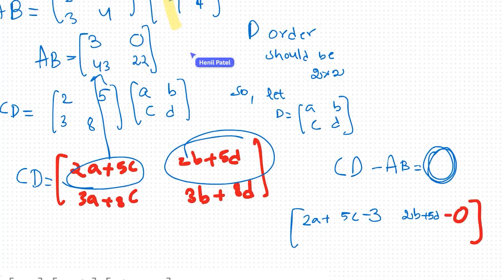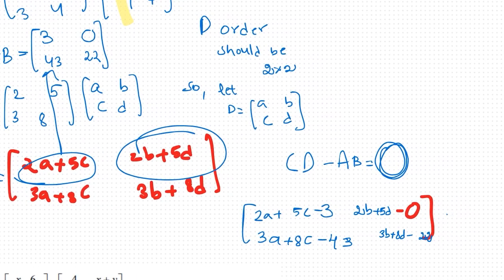So 3a plus 8c minus 43, that was 8c. And 3b plus 8d minus 22. So this should be equal to 0, so 0, 0, 0, 0.